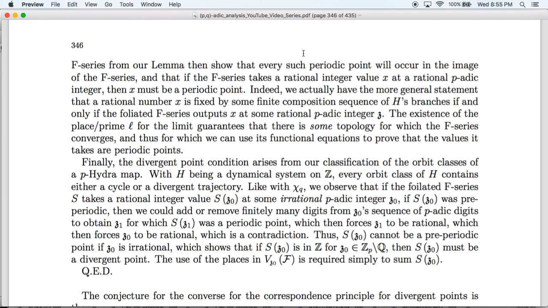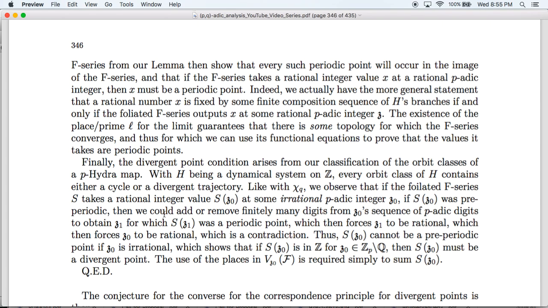Like we saw in episode 3 with chi-q, we observed that if the foliated F series S takes a rational integer value, S of z0, at some irrational p-adic integer z0, then if S of z0 was pre-periodic, we could add or remove finitely many p-adic digits to z0's digit sequence, and then obtain a z1 from z0, so that S of z1 was a periodic point.